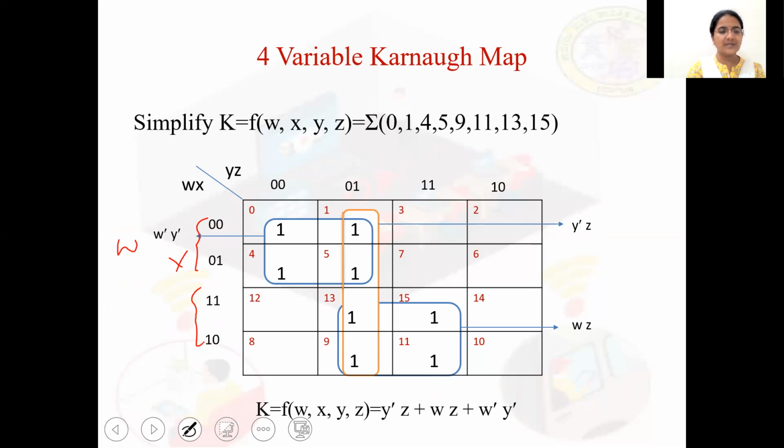From these two rows, we are eliminating X and we have W. W bar with W is changing. So whenever we are grouping 4 ones, if both the variables are varying, then we can eliminate those two variables which are varying and keep the variables which are common, that is Y bar Z.